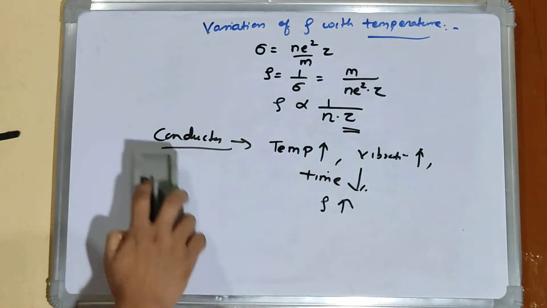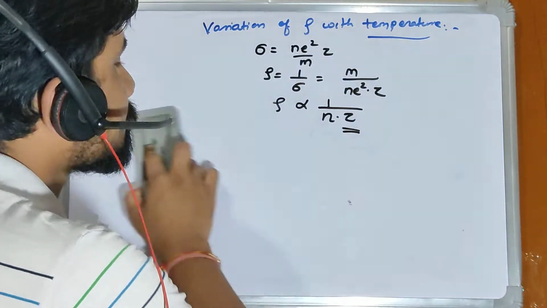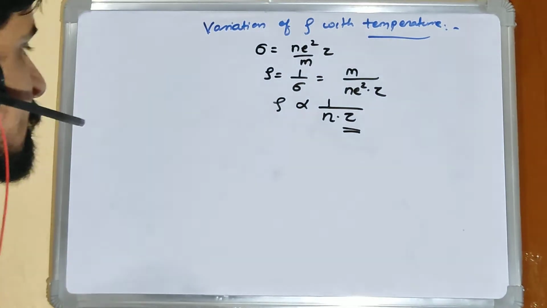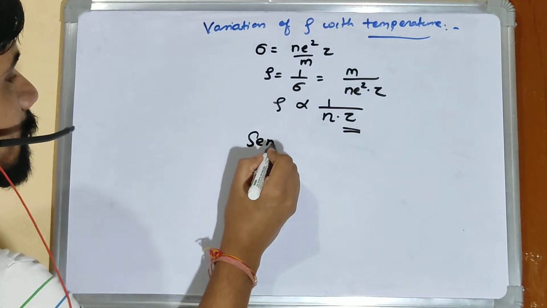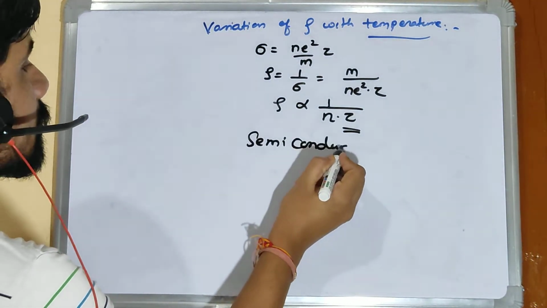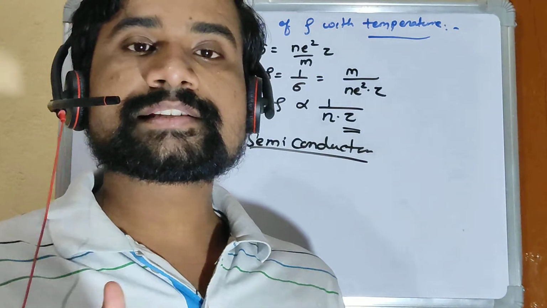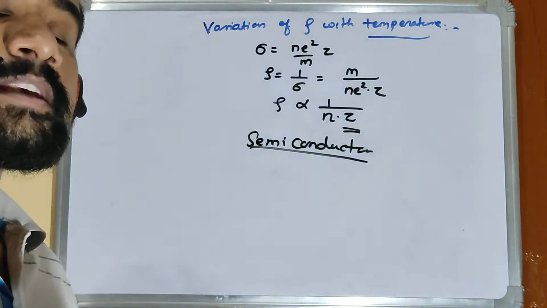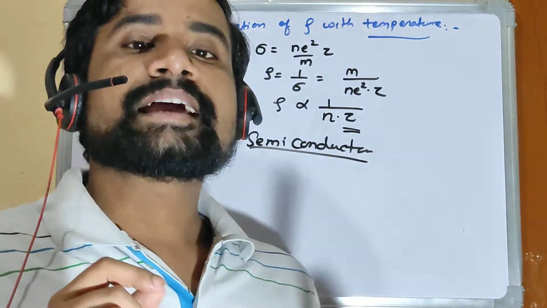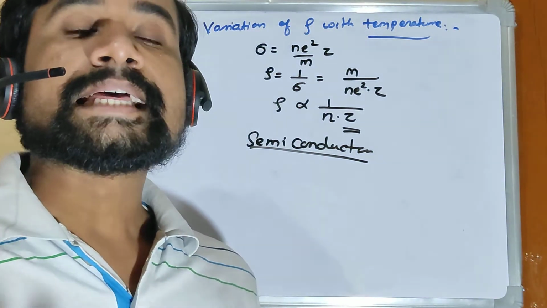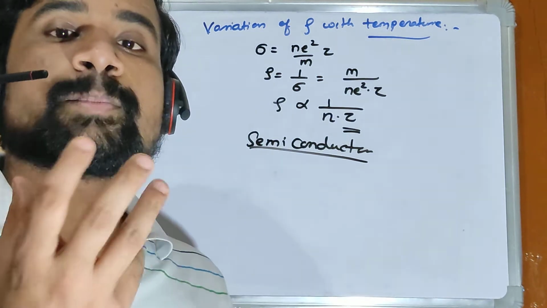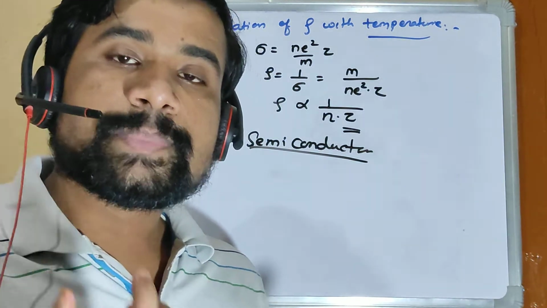Now, if I talk about the semiconductor case, in a semiconductor, charge carriers are not always available. The breaking of bonds and coming up of charge carriers is dependent on temperature.